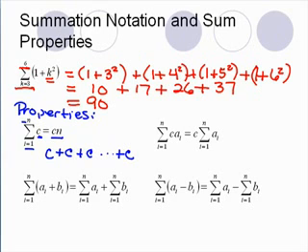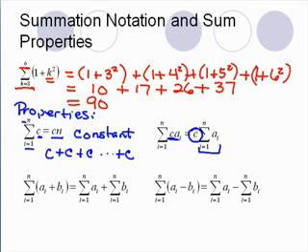Another rule of constants, this is called a constant sum. Okay, another rule of constants is if you have a sum where you have a constant times each individual term, you can factor that constant out, do the sum first, and multiply the result by the constant.